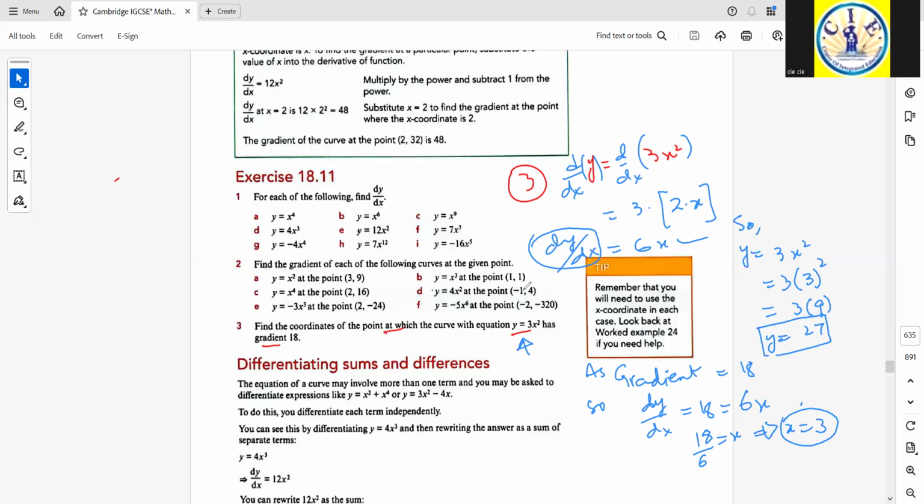So altogether, the final point that we had to find the coordinates of. Since we know that the point is written as x, y, the value of x is 3 and the value of y is 27. So this is the point on the given curve at which the gradient is 18. So that completes exercise 18.11.